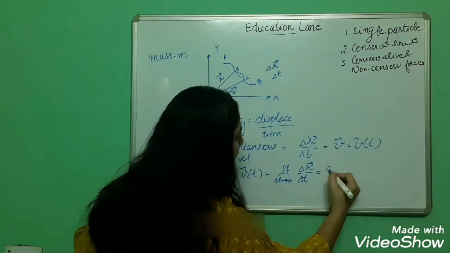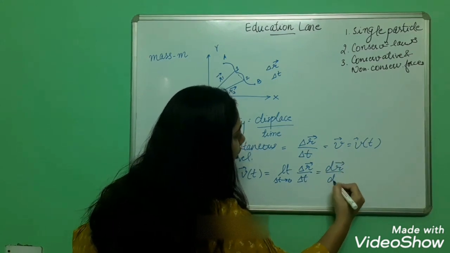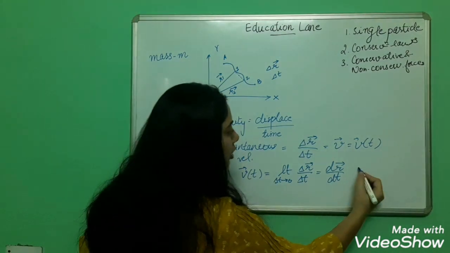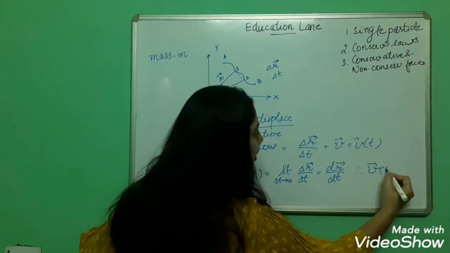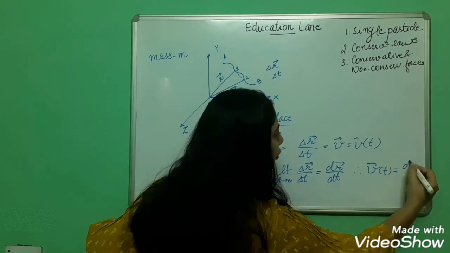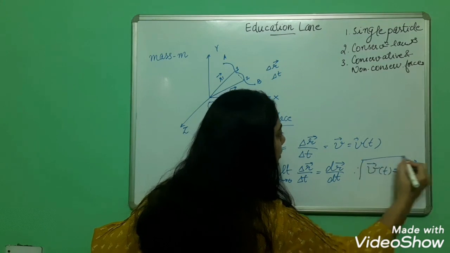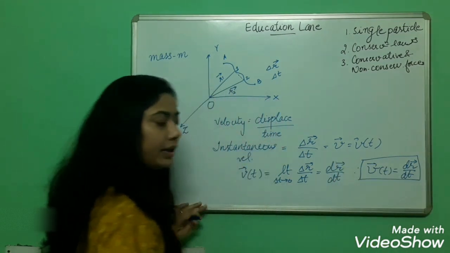I can write it as dr upon dt. So this is my result for the velocity of a single particle.